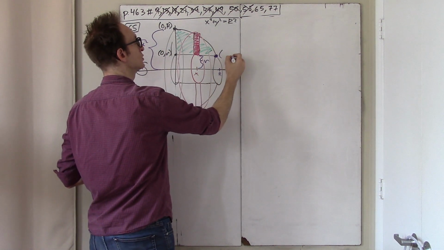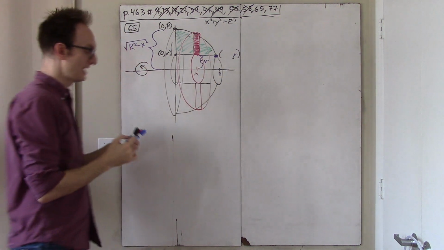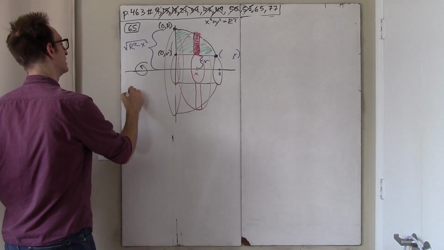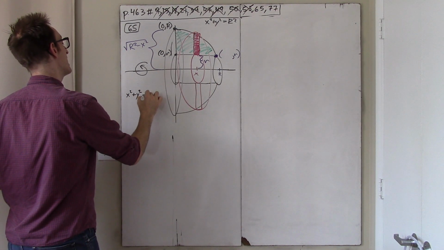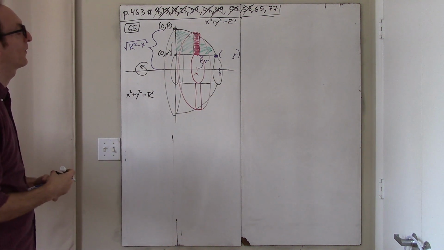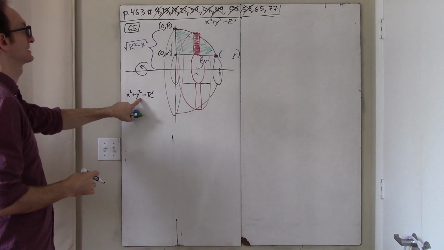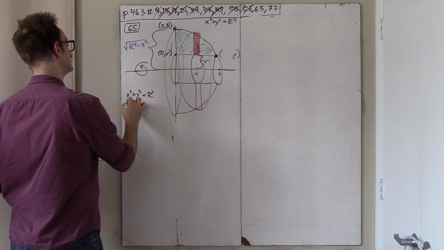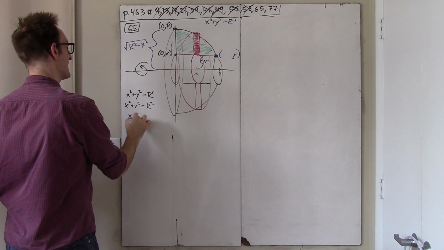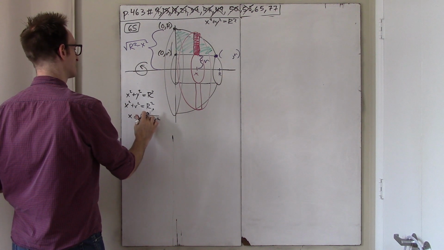It's the point whose y-coordinate is little r. And so I have to take the equation of the circle, x squared plus y squared equals big R squared, and just say, what is x when y is little r? And the answer is that x is root big R squared minus little r squared.